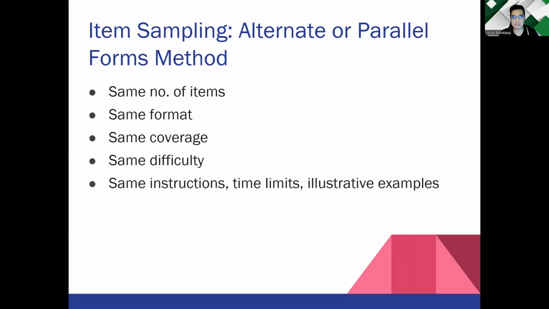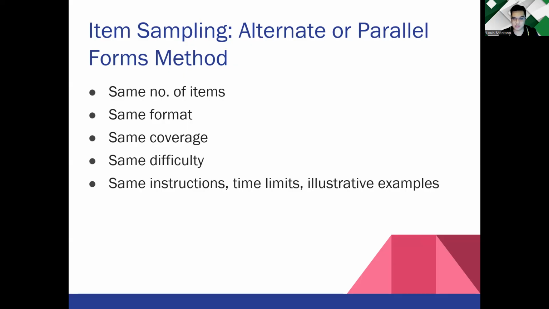Ito yung pinakamahirap ma-establish actually sa alternate forms, to make sure that both sets have the same difficulty, because yung difficulty, that is something na nalalaman lang or na-assess lang natin after test administration, not before test administration. Okay? Kaya napakahirap ma-establish ng item difficulty. Okay? Kasi kailangan i-test mo muna yung mga instrument na na-develop mo for you to know kung difficult ba sila or easy.